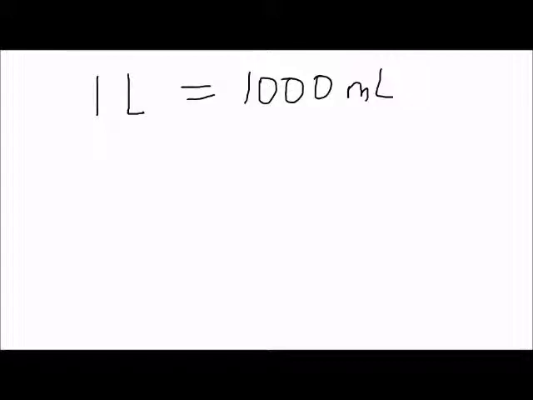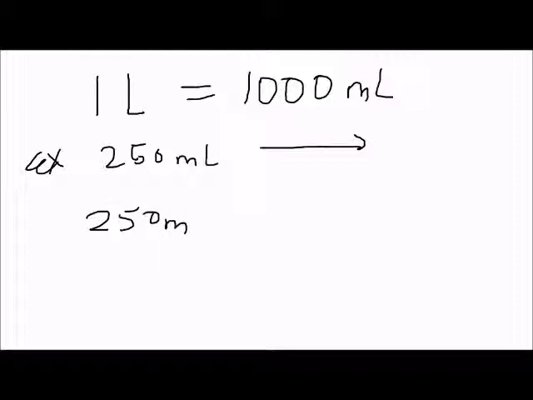Something we also know is that 1 liter equals 1,000 milliliters, or that 1,000 milliliters is equal to 1 liter. For example, if we were given 250 milliliters and we wanted to get to liters, what do we do? So we've done this a couple times. We get 250 milliliters and divide it by 1,000.